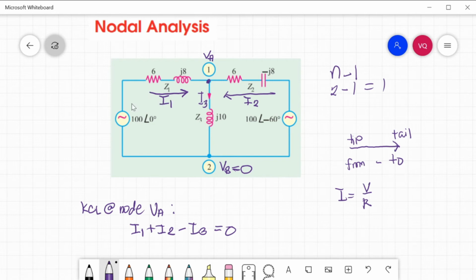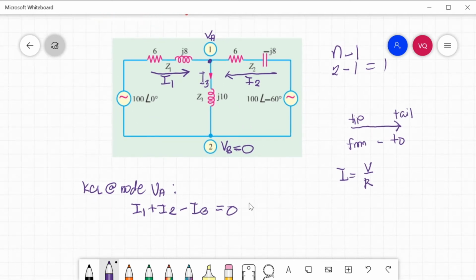Our I1 is from node VB, and it goes to node VA. So for our I1, we have VB minus VA, and our current entered into the negative sign of the source voltage.